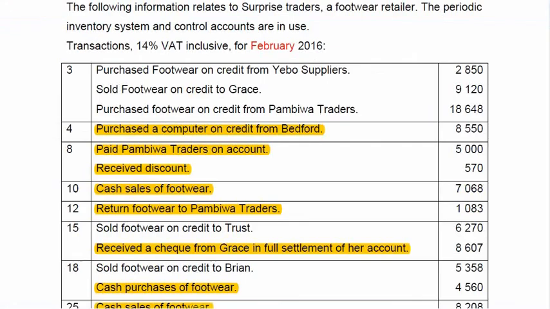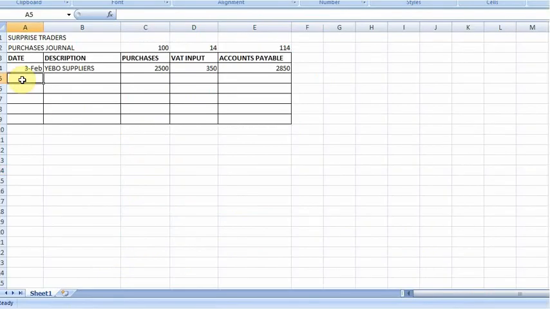If I go back to my question, they say sold footwear on credit to Grace. Here it is a sale, so that will go into the sales journal. Then the third entry says purchased footwear on credit from Bambiva Traders. So yes, this one will go into my purchases journal. So I'm going to again say 3rd of February.